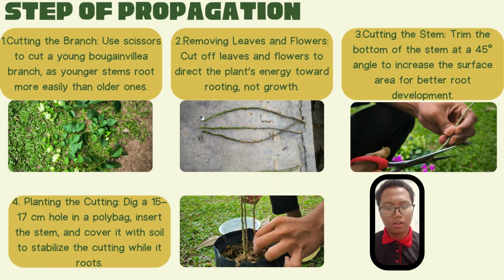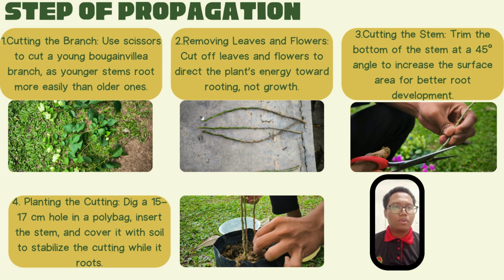Now we take a closer look at the steps of propagation in these activities. Firstly, we use scissors to cut a young Bougainvillea branch, as a younger stem grows roots more easily than older ones. Next, we remove the leaves and the flowers, to direct the plant's energy toward rooting, not growth.